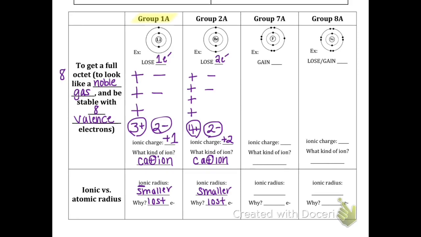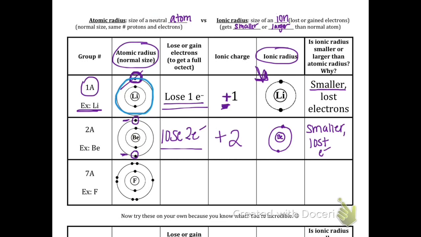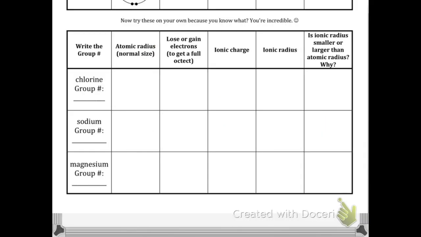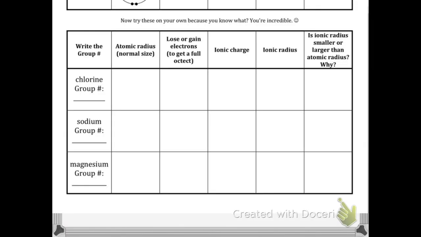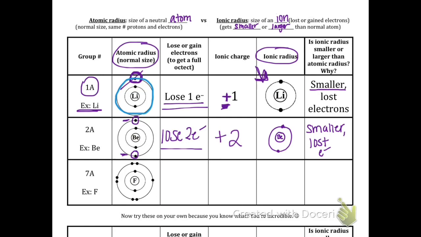All right, so now let's do one more example. Let's do our halogens. Our example here is fluorine. Now, if you look on the periodic table, fluorine is all the way over here. It has 9 protons and 9 electrons. If that's the case, it looks like this picture right here.